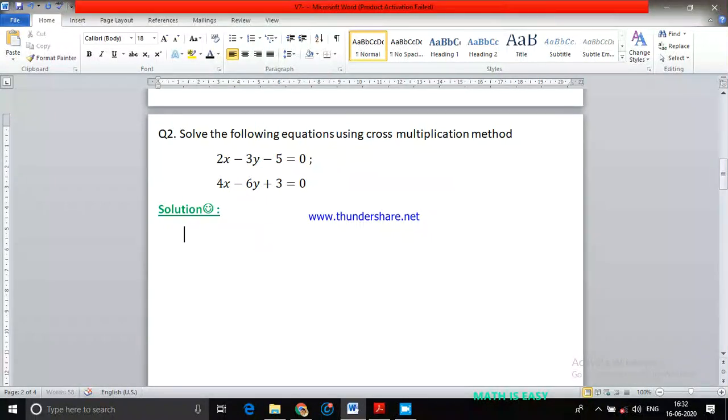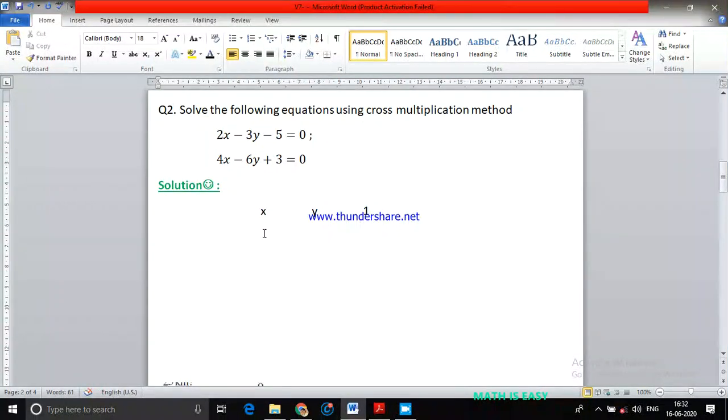So what we discussed, what to write here: x, then you have to write y, then you have to put 1. So these are the mandatory things. So here first you have to write y coefficient, so that will be minus 3, and here next equation y coefficient is minus 6.